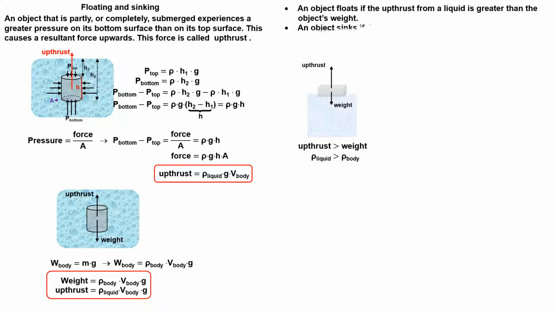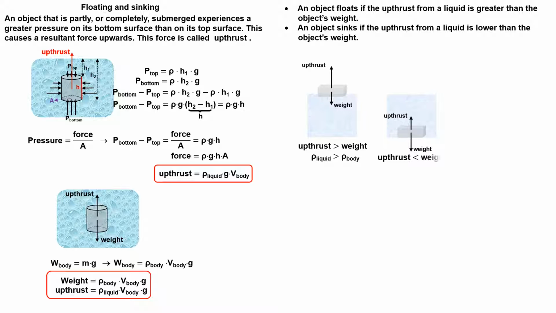An object sinks if the upthrust from a liquid is lower than the object's weight. If the object has a density greater than the density of the liquid, it sinks.